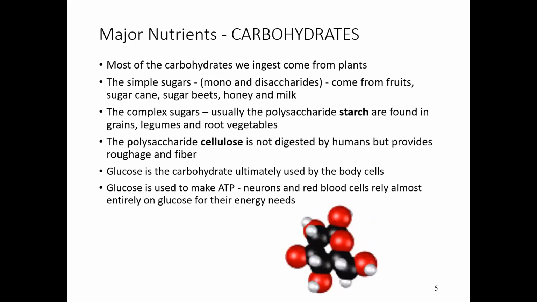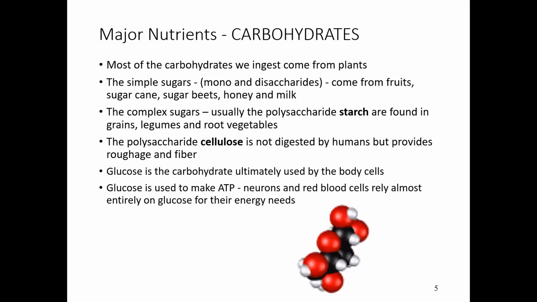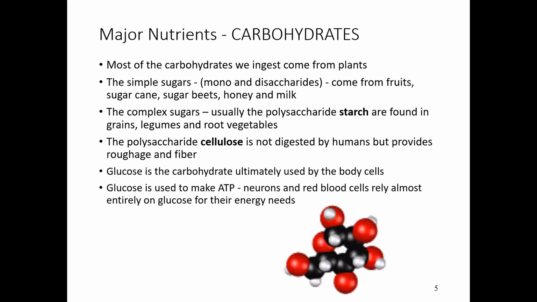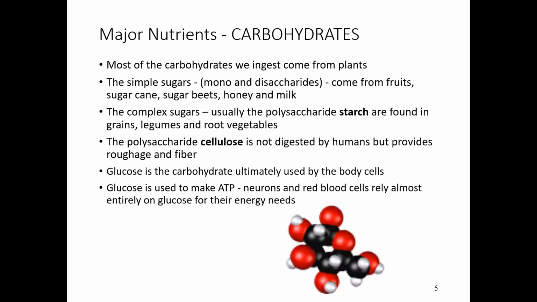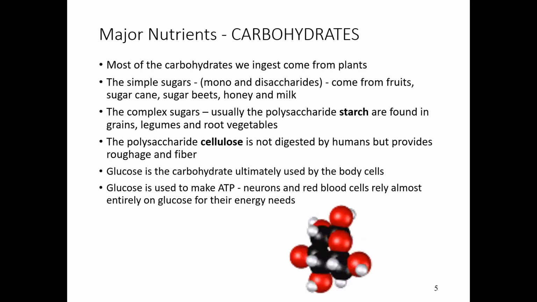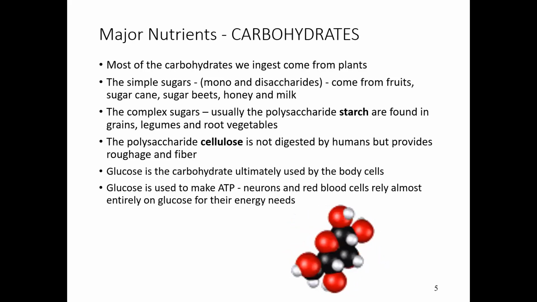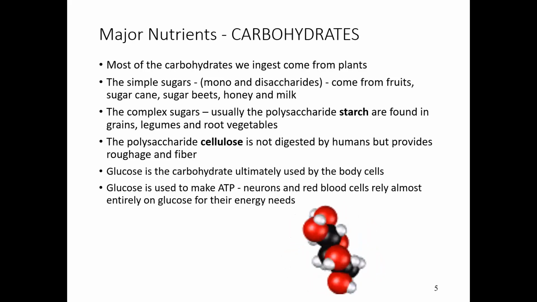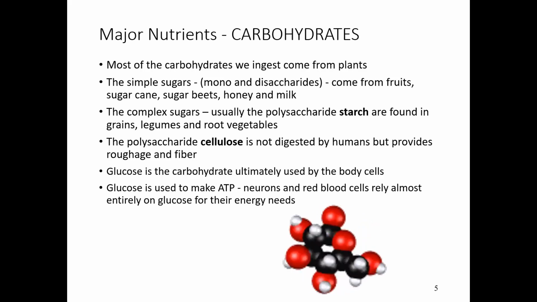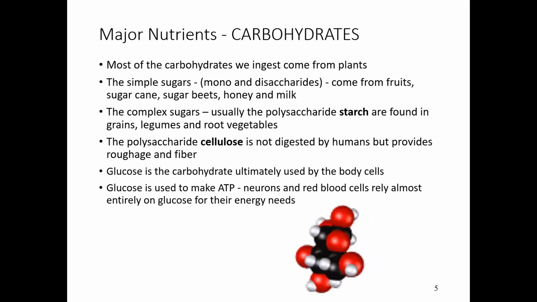Glucose makes ATP. We depend on ATP for our nerve cells. We can't send nerve impulses without ATP. We need glucose for red blood cells. We need glucose to provide ATP for our muscle cells. Muscle cells can't contract without ATP.